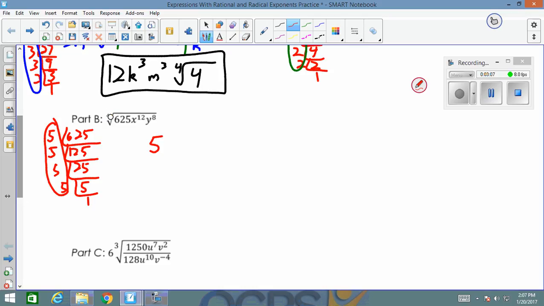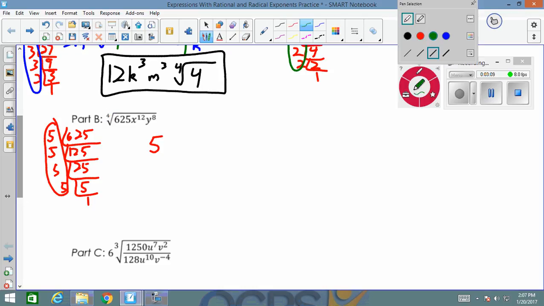Again, to do our letters, it's going to be the exponent divided by the index, and 12 divided by 4 gives me x to the third. In this case, 8 divided by 4 is going to be y squared. So our final answer would be that. Nothing left on the inside, so we're done.